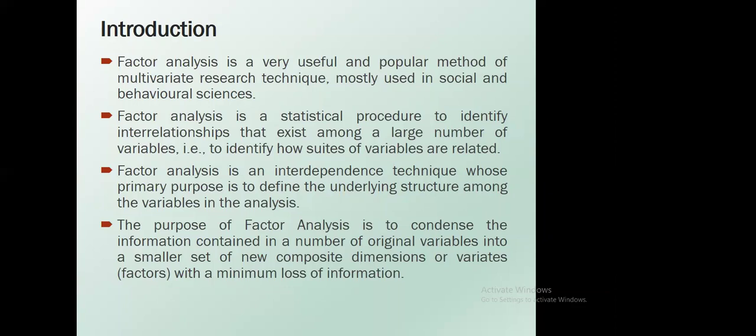So I was talking about the difference between dependence and interdependence techniques. When we talk about dependence, we have one y and one x or several x. So y and x, what does this mean? Dependent and independent variables. However, when we talk about interdependence technique, you have some variables, which is definitely multivariate data, but there is no information given to you about the relationship between the variables. That is, you don't know which variable could be a y, which could be an x.